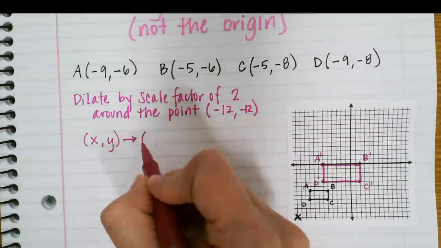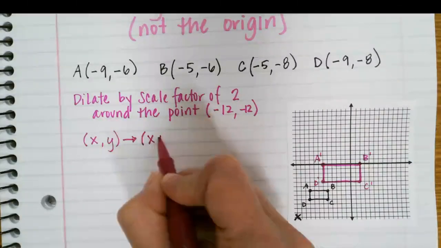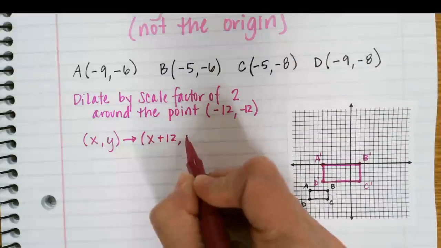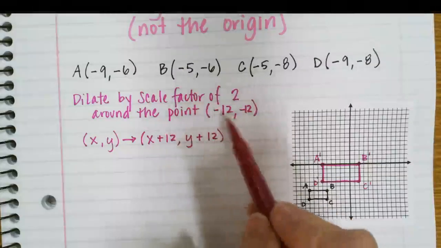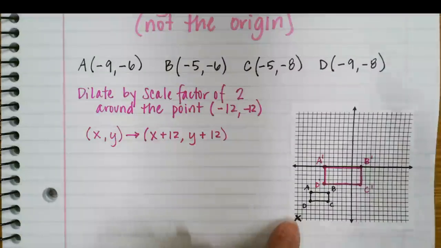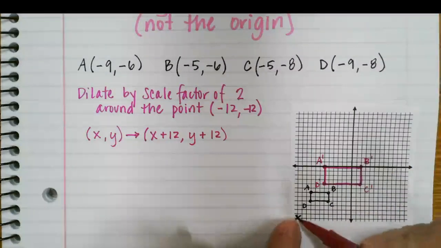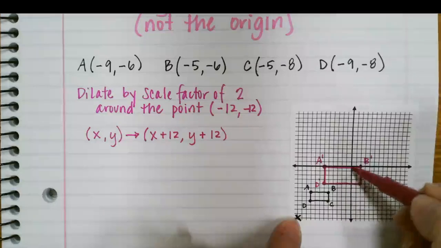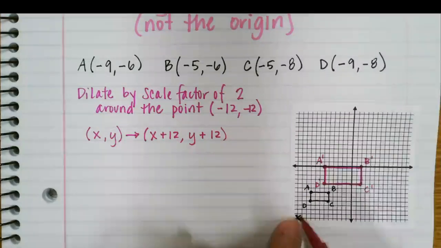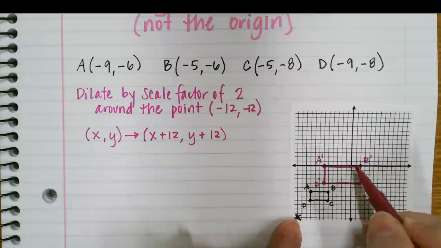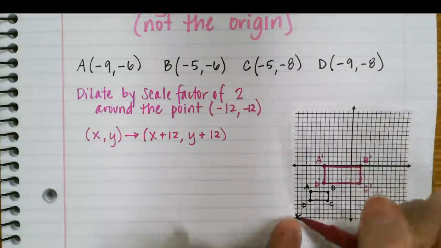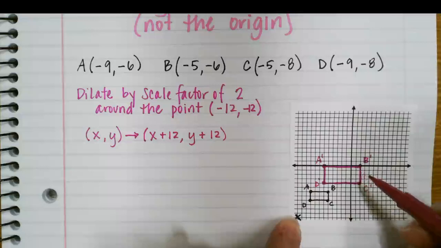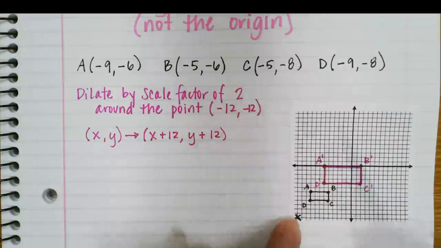So basically what I did was I added 12 and added 12. The reason is because that's the point I'm dilating from. So it's almost like I figured out how to get this point to be the origin. So I'm moving this point to the origin, and that gave me the difference, which is why I added 12 and added 12.